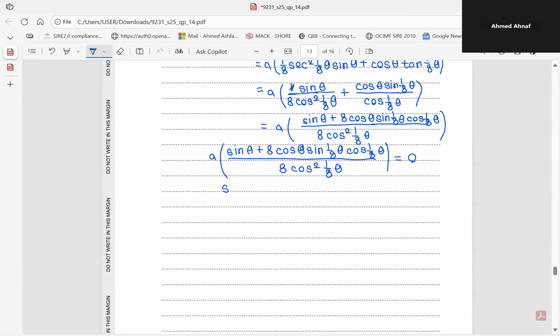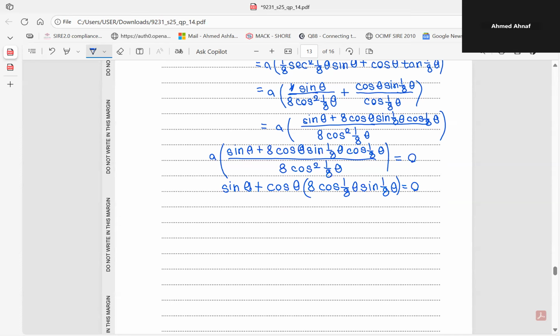You would get sine theta plus cosine theta, 8 cosine 1 over 8 theta sine 1 over 8 theta equals to 0.